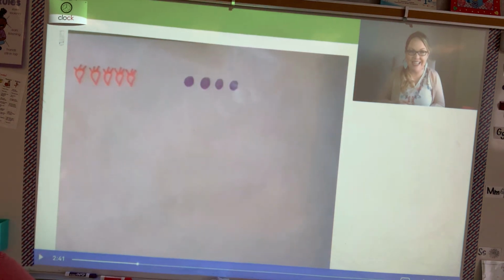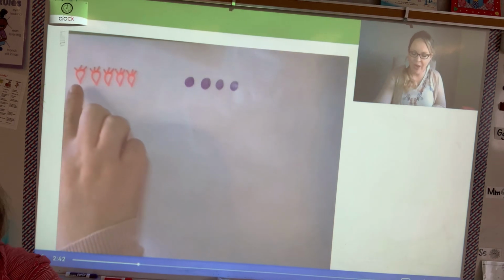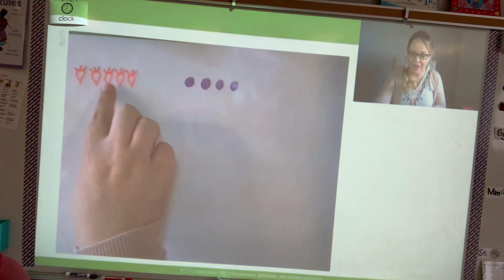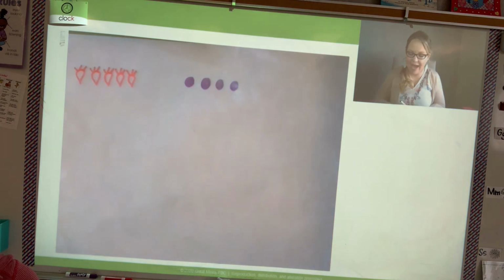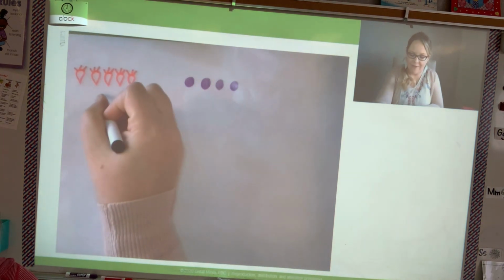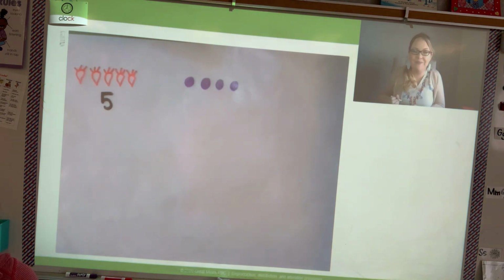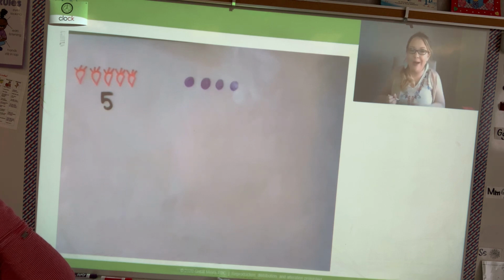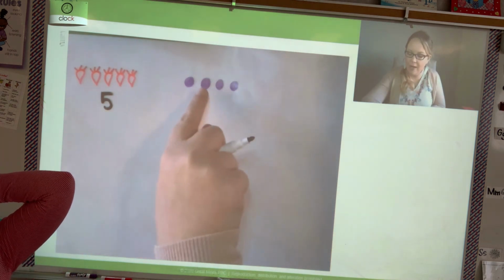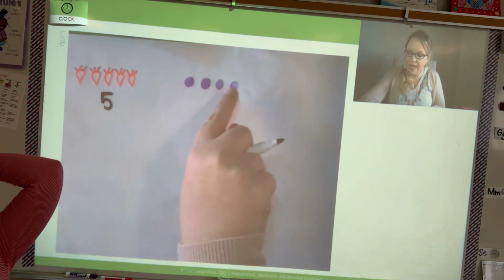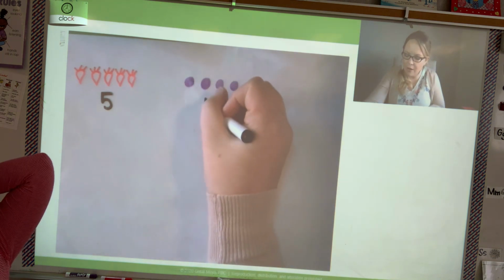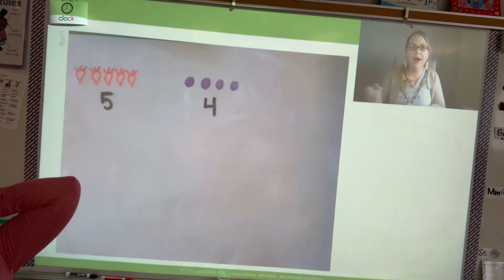Okay. 1, 2, 3, 4, 5. So let's write a 5 underneath our strawberries. Now let's count our blueberries and write that number under our blueberries. 1, 2, 3, 4. So write a 4 underneath your blueberries.